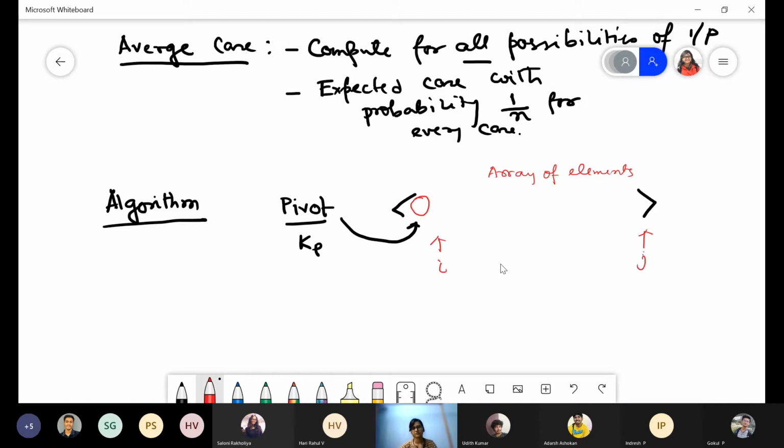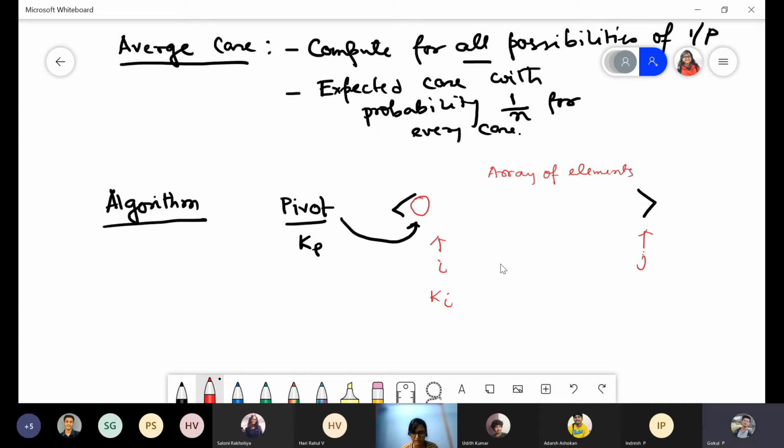Now how do we do this? We check if the element at I is less than the pivot. If it is, we move on; otherwise we swap it with J, where that element is greater than the pivot. Say here my element under I is Ki.